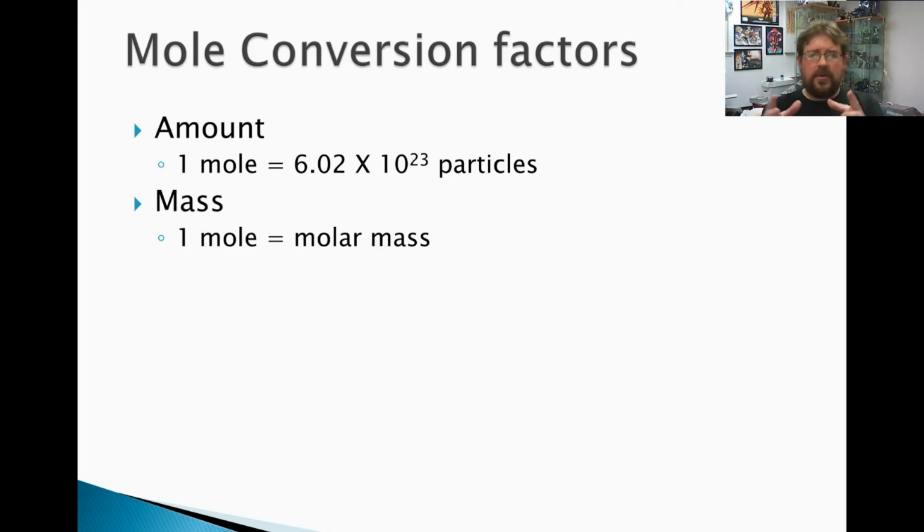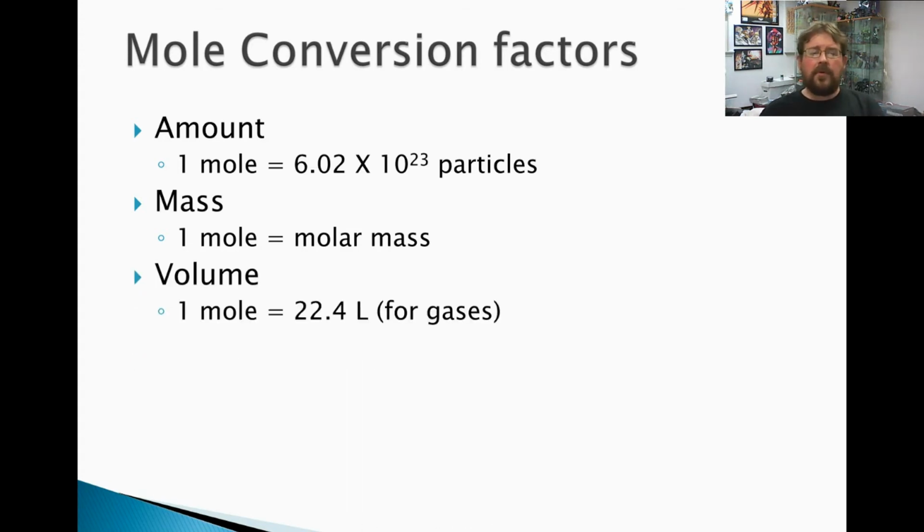And remember, you get the molar mass off the periodic table. That's what we talked about on Tuesday and Wednesday of this week. And lastly, from yesterday, we know that when it comes to volume, 1 mole is equal to 22.4 liters. A single mole is equal to all of these things depending on what you're calculating or what you're given to start. Now, we did conversions for all of these.